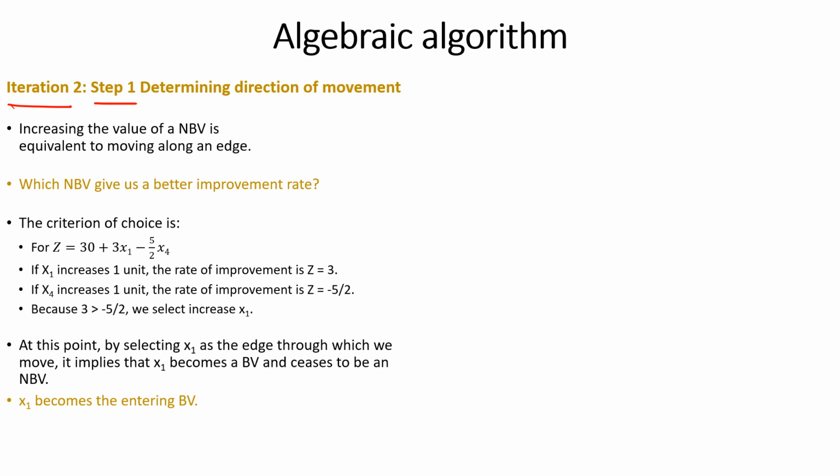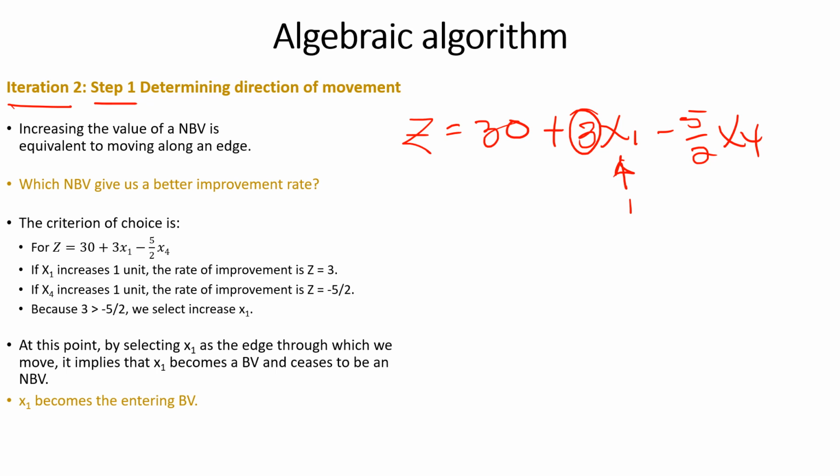Here we got to decide in which direction we should go. Taking our new objective function, 3x1 minus 5 halves of x4, if I increase 1 unit in x1, I'll be able to enhance my objective function by 3 units.